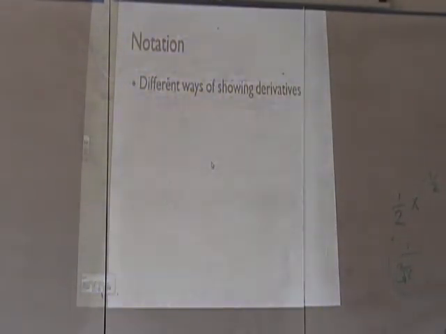The first one you've already seen is f apostrophe x. When we say this, we just say the derivative of f of x, or f prime of x.